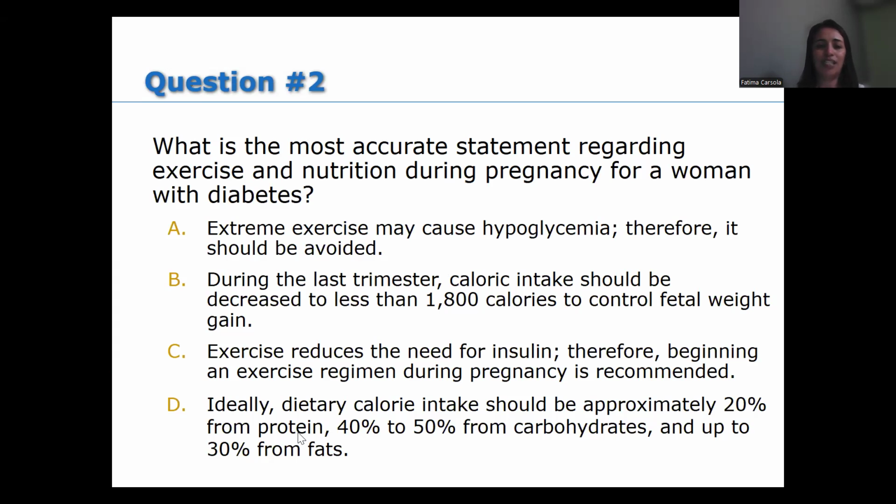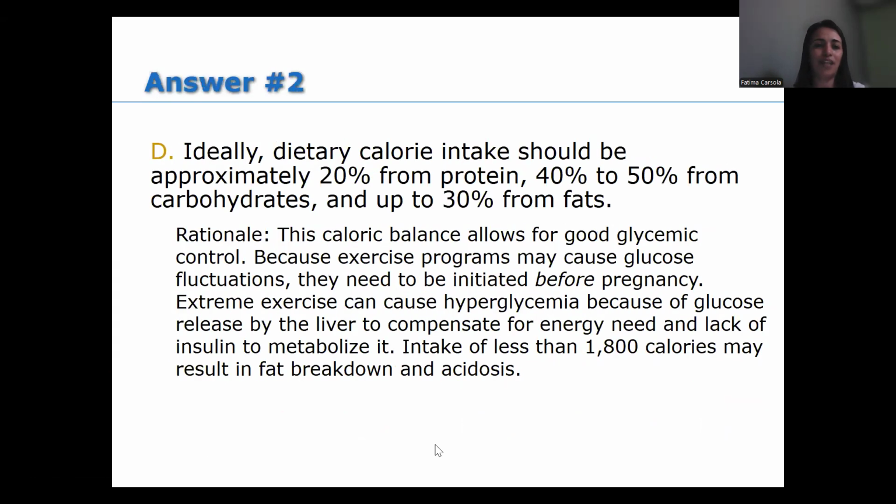Or D, ideally, dietary calorie intake should be approximately 20% from protein, 40 to 50% from carbohydrates, and up to 30% from fats. And your answer should be letter D. Ideally, dietary calorie intake should be approximately 20% from protein, 40 to 50% from carbo, and 30% from fats. And these are allowing for good glycemic control.